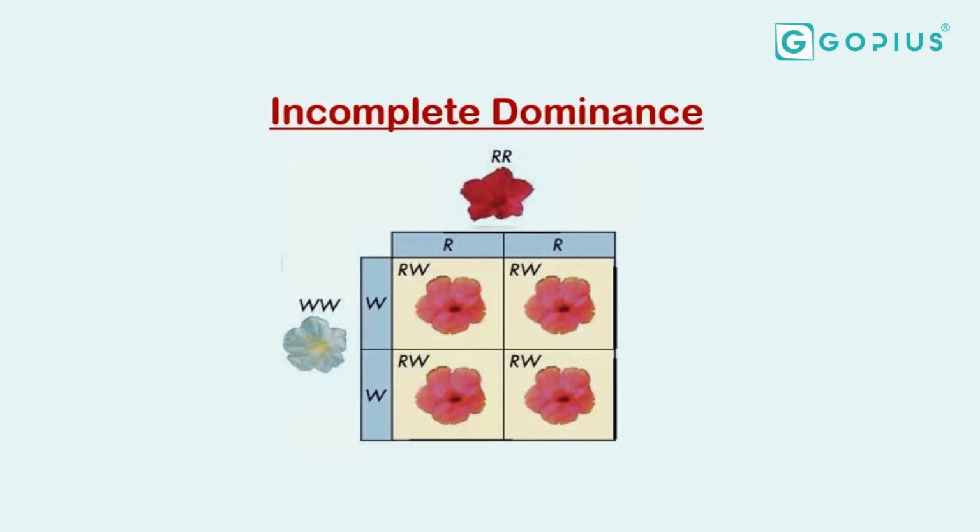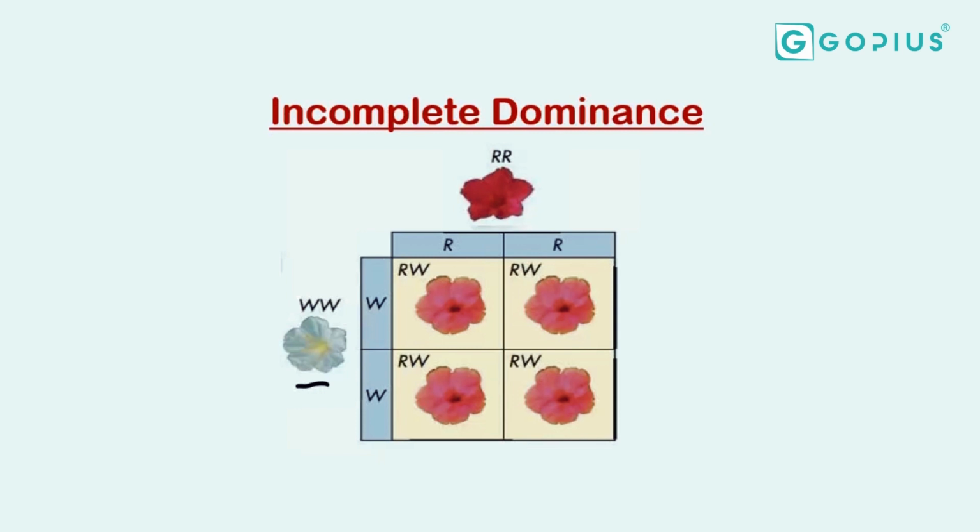So instead of the offspring looking like the parent, it turns out to look like something else. The first example is Mirabilis jalapa, which is also known as the four o'clock plant. By four o'clock, that's when it begins to close its petals, which is why it was given that name.